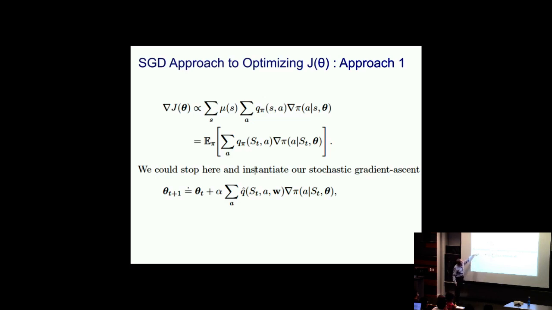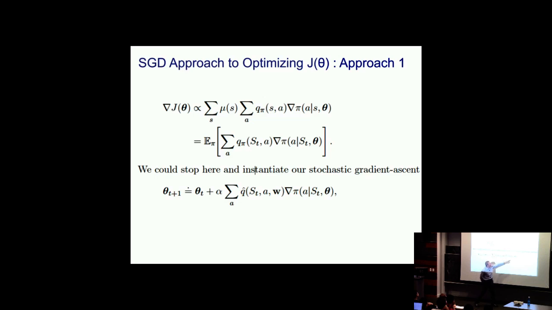And so if we want to do gradient ascent, one way we could do it is this. We just say I'm going to update on each step from t to t plus 1 our policy parameters by ascending this gradient, summing over actions.